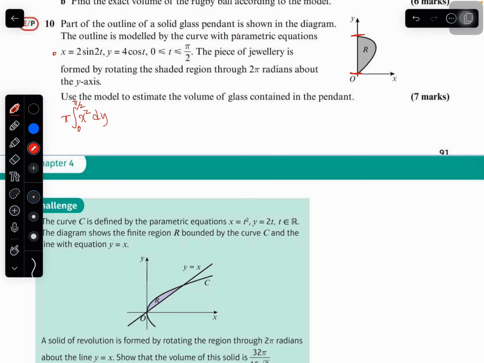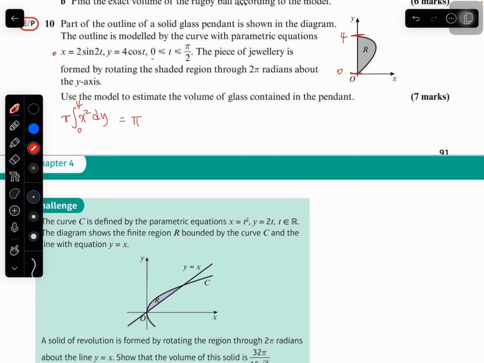So this is pi over 2, make it y. So 0, 4, pi over 2, 0. So this is the 0 and 4.